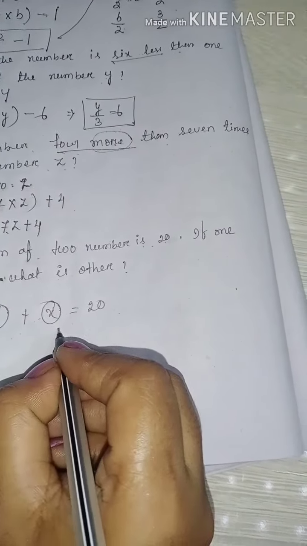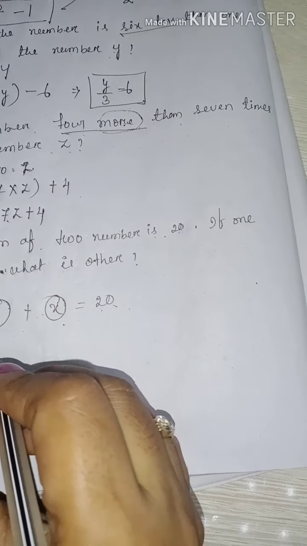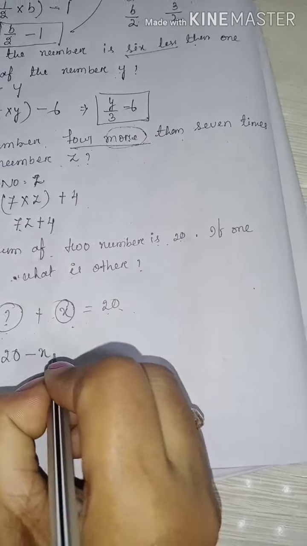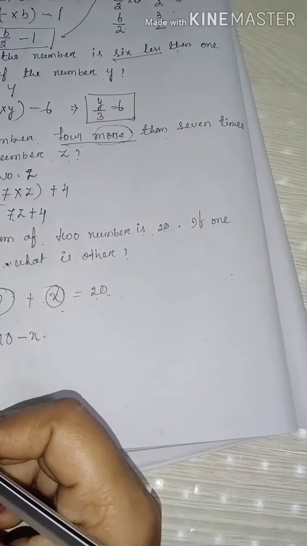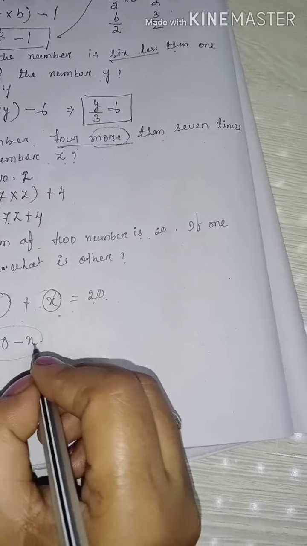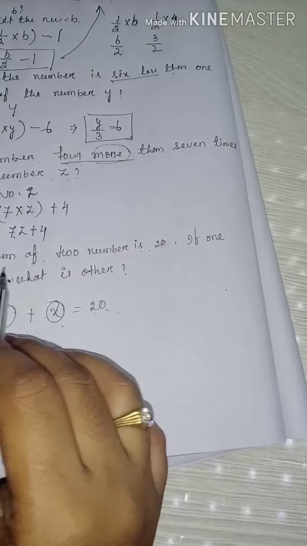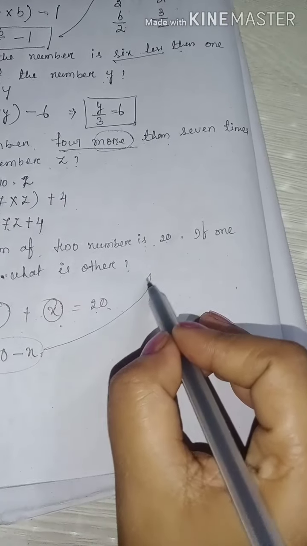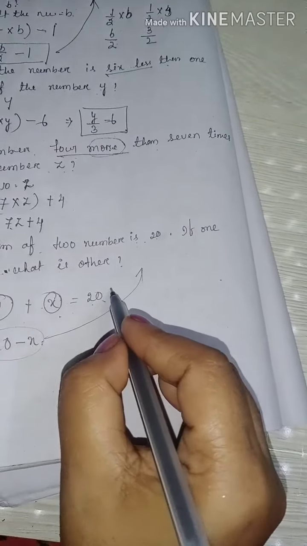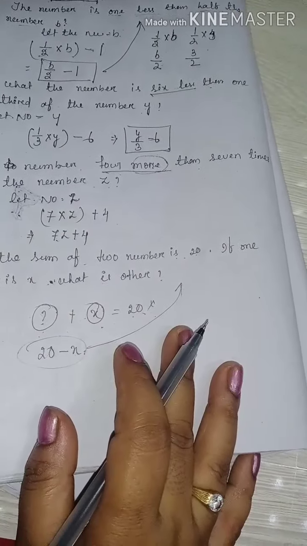Dash plus x is equal to 20. Then the other number is 20 minus x. Clear? For the sum of two numbers, just write the question, then write this answer. No need to write this line. I just want to tell how it happens. Okay.